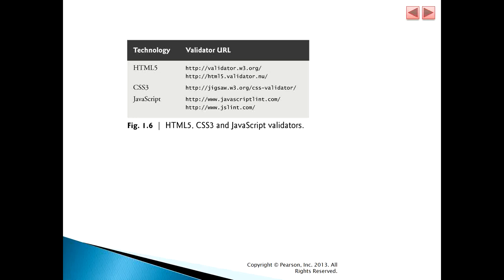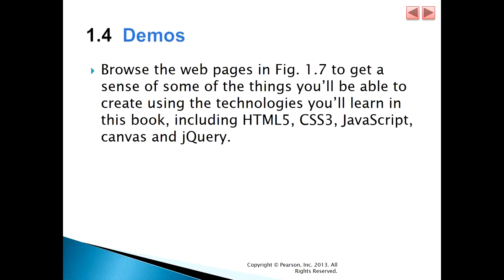If you log into any one of these validator URLs, you can validate your applications to find errors and also compatibility issues for these 3 applications. These are free validators where people can upload the files that have been created for HTML5, CSS3, or JavaScript, or they can copy and paste the code within these validators.